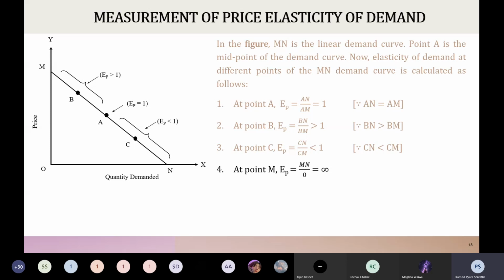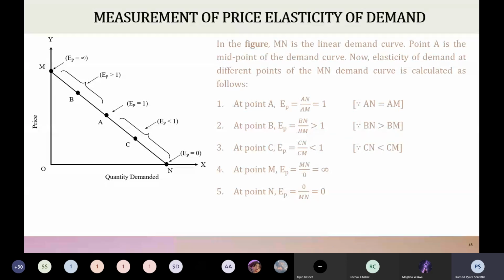Similarly, the last one, at point N, EP is equal to 0 because there is no lower segment, that is 0, and the upper segment is the entire demand curve, that is MN. So 0 divided by MN equals 0. So in this way, we can find the value of price elasticity of demand at different points on the same demand curve, and it is different.